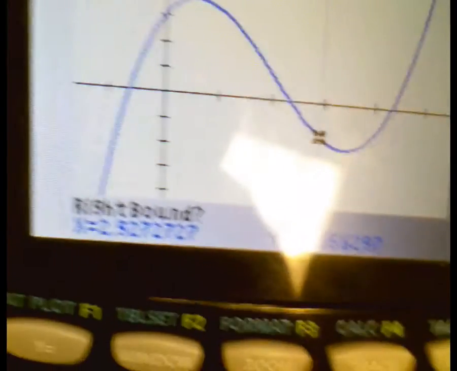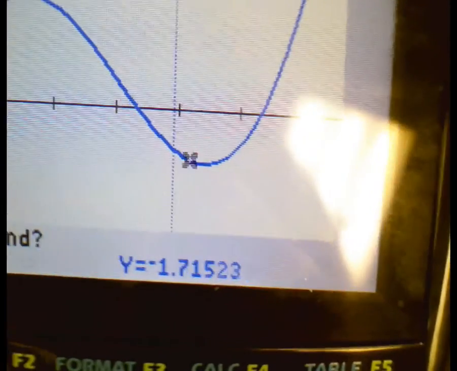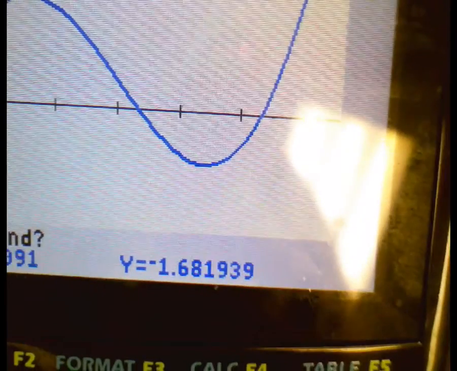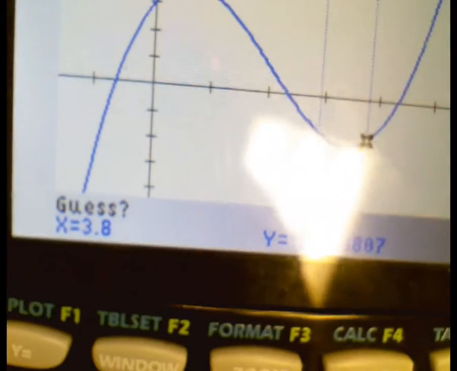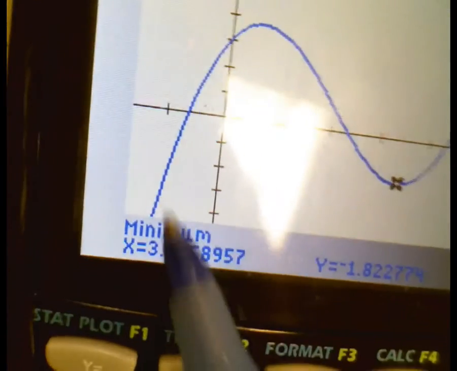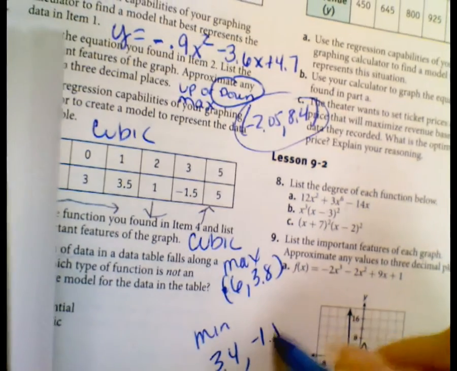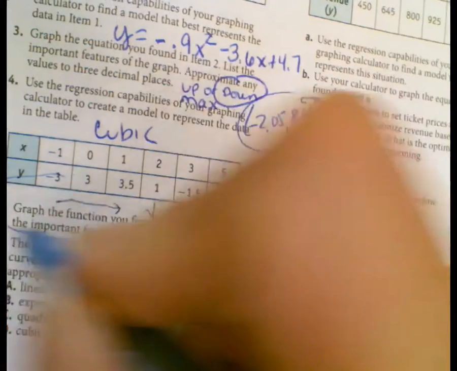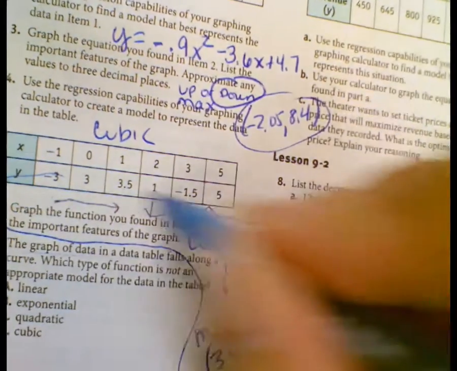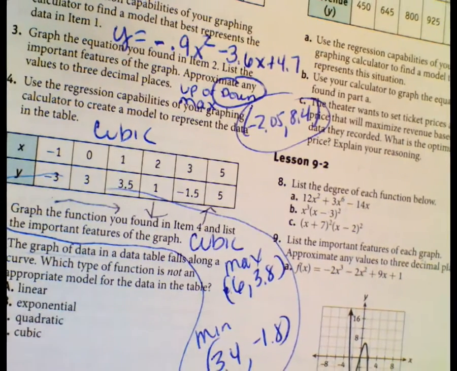Now it says right bound guess, so you want to go to the right of that minimum point. Press enter, and then it says guess, and you press enter, and this will be your min point. It says minimum 3.4 and negative 1.8. And that is number 5. I want you to say cubic, min, and max.